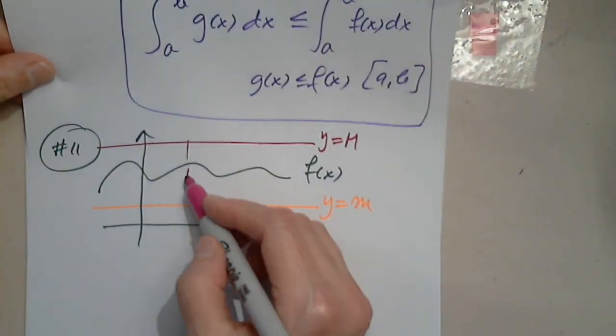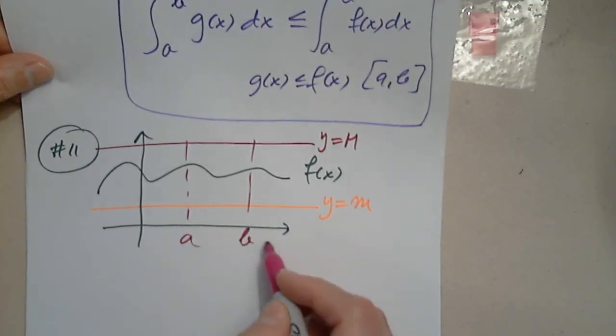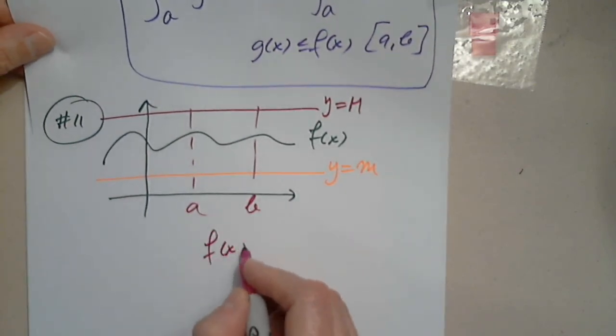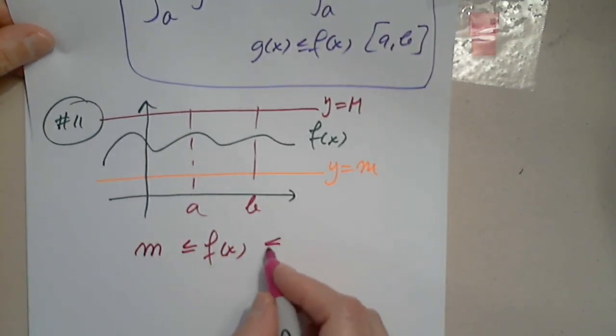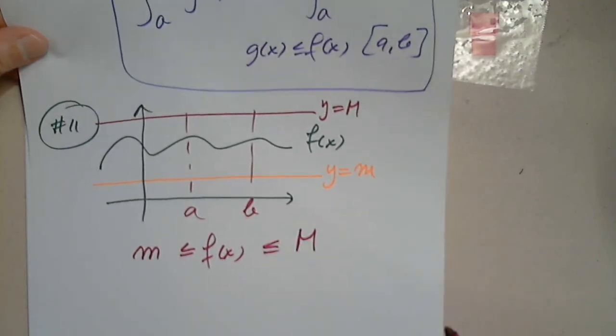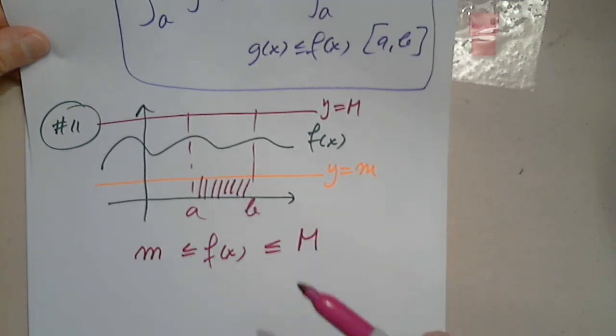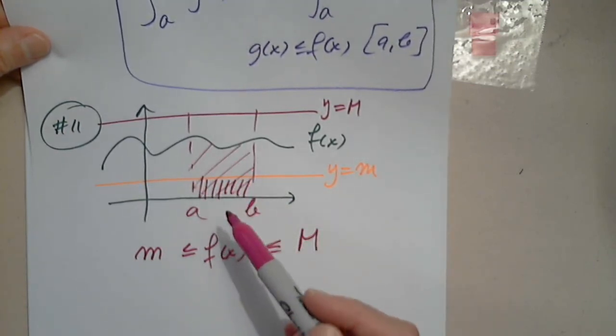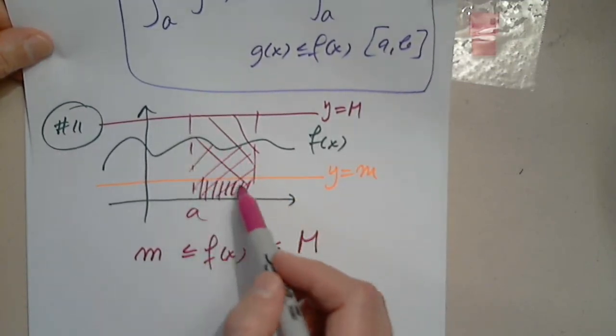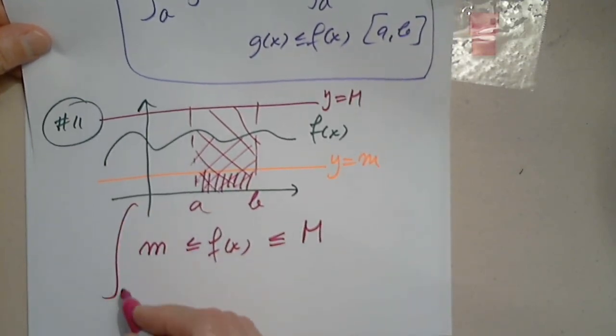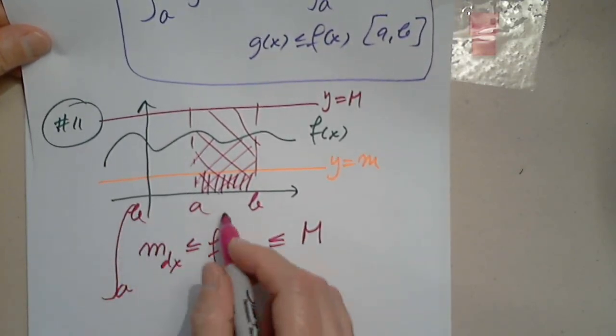Obviously from here, on the interval a comma b, I can immediately write that f of x is between lowercase m and uppercase M. There is no discussion there. Therefore, this area is smaller than this area, which in turn is smaller than this area. All I have to do is put the symbols.